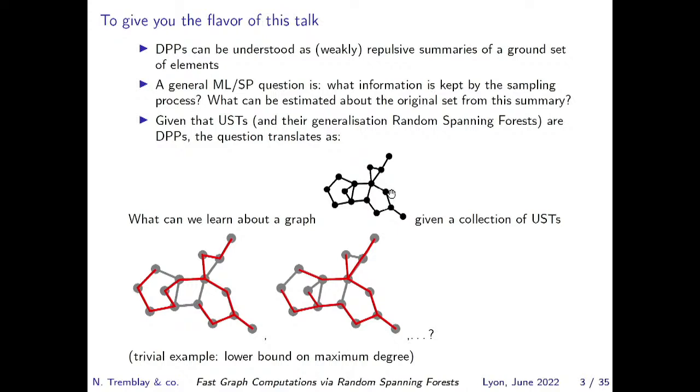There's a trivial example, a lower bound on the maximum degree. Say I want to estimate the maximum degree of this graph. If I take the maximal degree of a UST, this is a lower bound on the maximal degree of the original graph. This is not very interesting maybe as a question, but this is the type of question I'm going to try to ask.